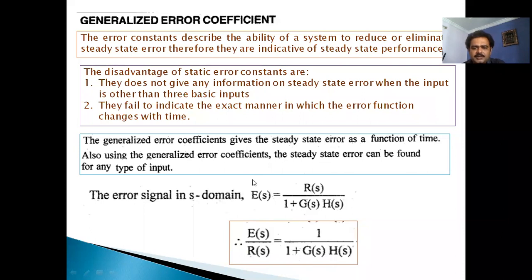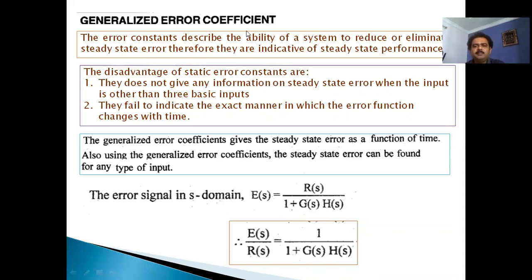So E of S is the error signal in S domain, which is equal to the input R of S multiplied with 1 by 1 plus G of S into H of S. Here the error signal mainly depends upon the type of input and also the forward path transfer function or loop transfer function G of S into H of S. Okay. So E of S by R of S is equal to 1 by 1 plus G of S into H of S. We can write it in this fashion. So this is the generalized derivation for generalized error constants.